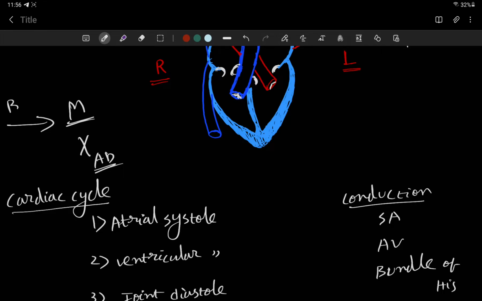As the father has Rh antigen, the next baby will also have Rh antigen, but at that time these antibodies, those made in the mother's body, will cross the placenta and enter the baby's body, and these antibodies will destroy or clot the blood of the baby. As the blood clotting takes place, the baby will die in the fetal condition.